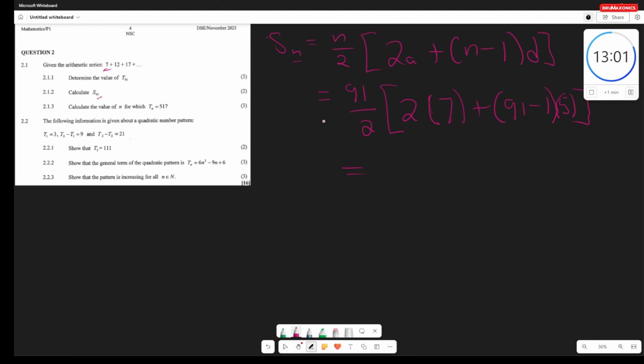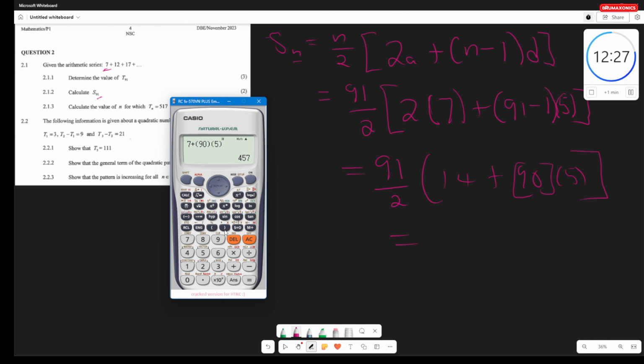So this is equal to, we are going to use our calculator, and I just want to write this one like this. 2 times 7 gives us 14, and then plus 90, and the number 90 will be multiplied by 5. So let's punch that into our calculator and see what we are going to get.